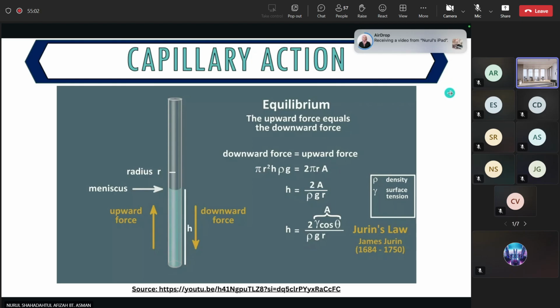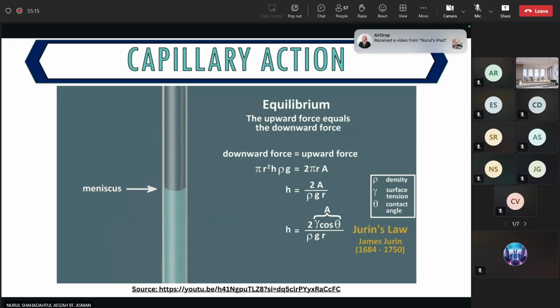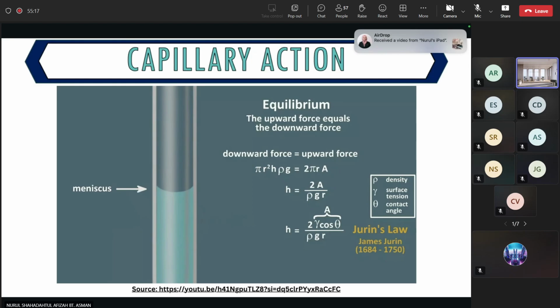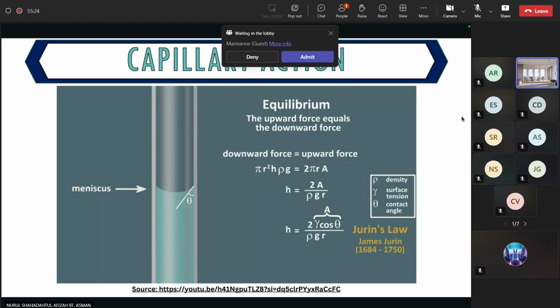Gamma is the surface tension of the liquid, which is a constant for a given liquid at a given temperature, and represents the cohesive forces between the liquid molecules. The other factor is cosine theta. Theta is the contact angle that the meniscus forms along the side of the tube. The contact angle depends on the liquid and the tube material, for example, water and glass.